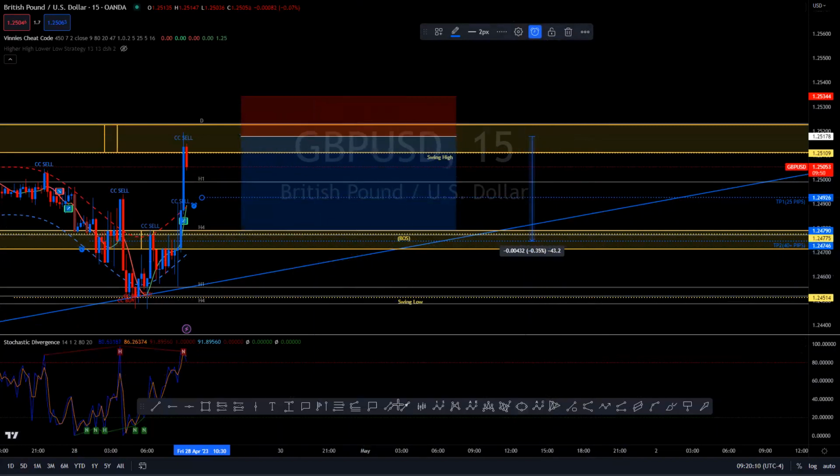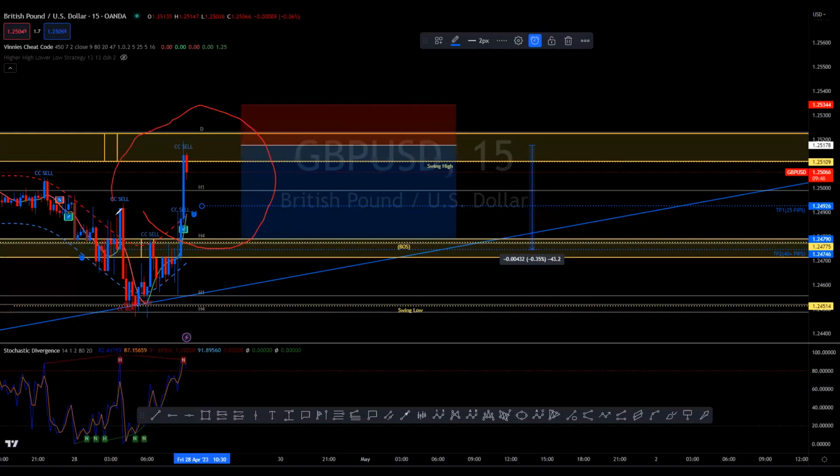Since I executed my trade, we're going to watch the price action and see what it does. Pulled the trigger a little too quick, but we'll see. Let's just wait and see what it does.